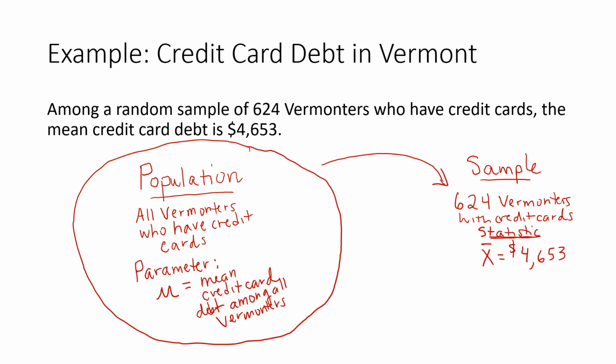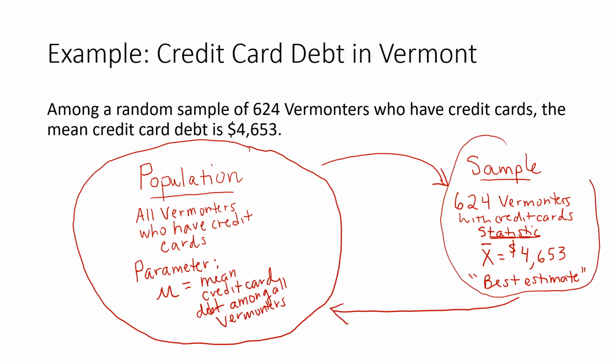And that sample statistic is also going to act as our best estimate for the parameter. So again, just getting used to this vocabulary and thinking about applying it to this example.